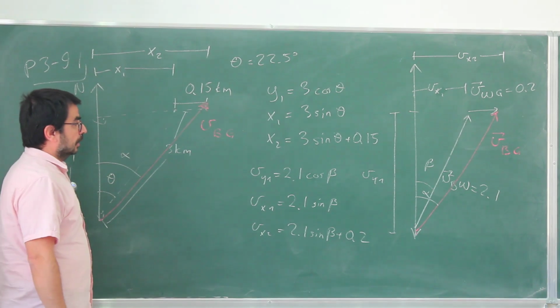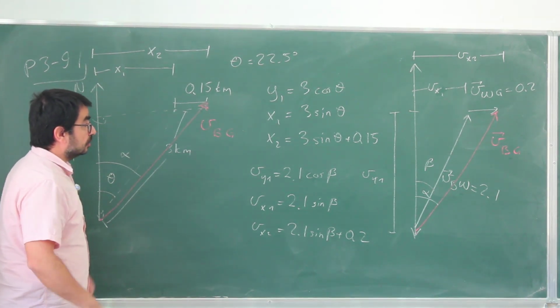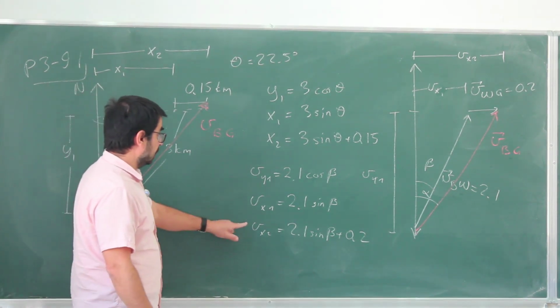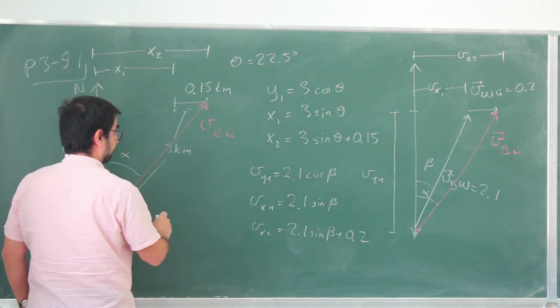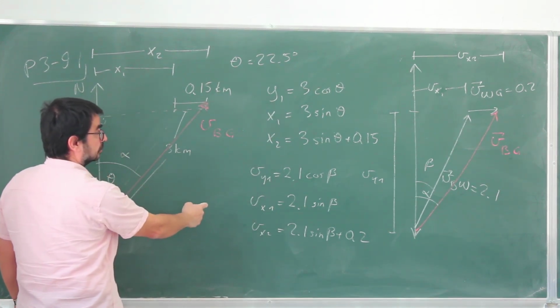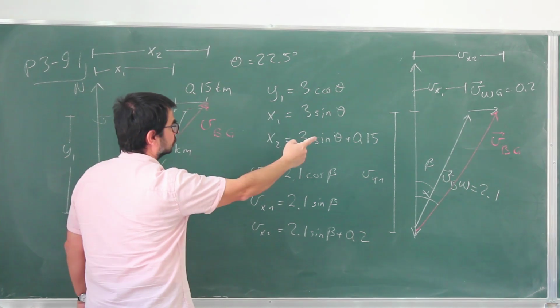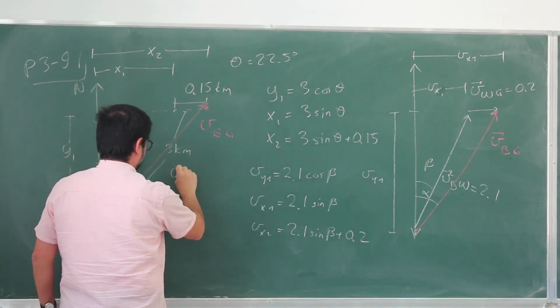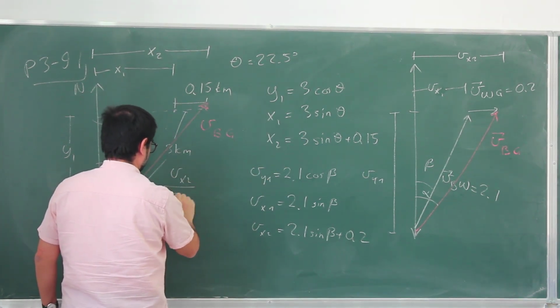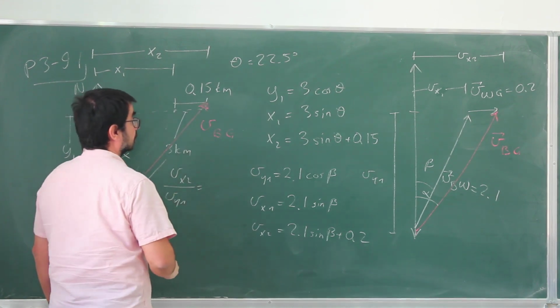Okay. And we can also write that Vx2 divided by Vy1 is tangent alpha.